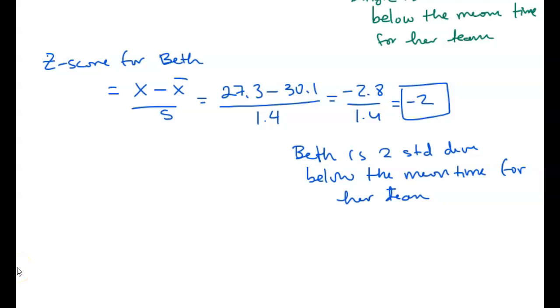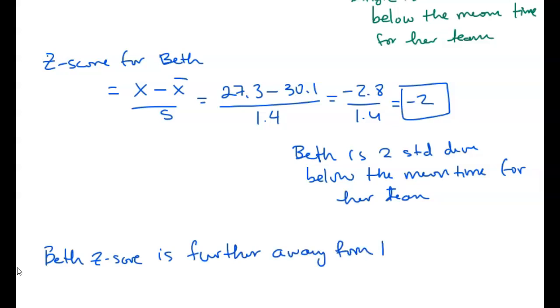So Beth's z-score is further away from the average for her team compared to Angie's z-score.